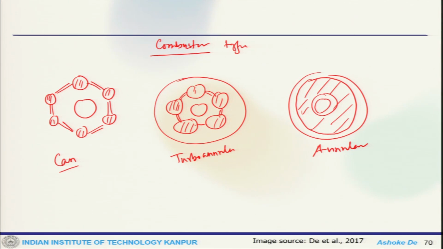There also the development has been made, they try to mix this can annular kind of combustor, and that has some advantages and some disadvantages, but this is what has been tried by different people. If you go to the internet and search for these different kinds of combustors, one can use multi-can combustors, can annular combustors.